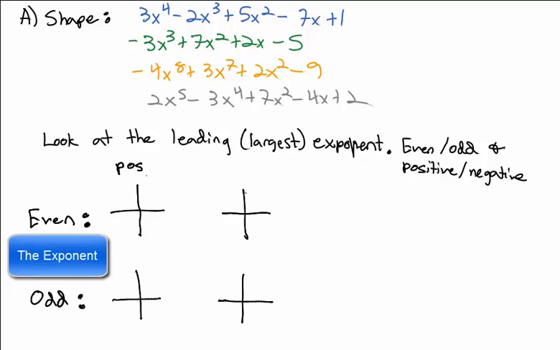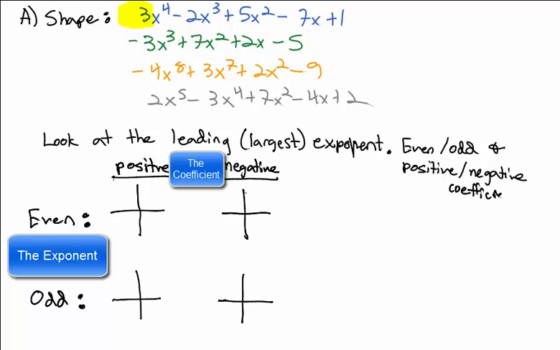And the left side is going to represent positive, and the right side is going to represent negative. So the first graph, looking at the leading coefficient, is a positive 3. Actually, I should probably be a little more specific. Positive and negative coefficients, and even or odd is talking about the exponents. Both parts tell us something.